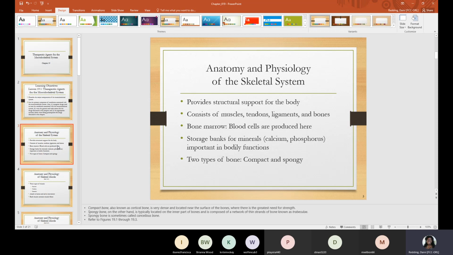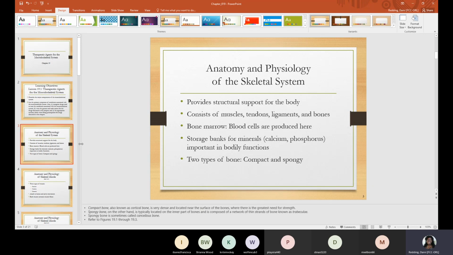The spongy bone, on the other hand, is typically located on the inner part of the bones and is composed of a network of thin strands of bone known as trabeculae. The spongy bone is sometimes called the cancellous bone. You can refer to figures 19.1 and 19.3 in your book.